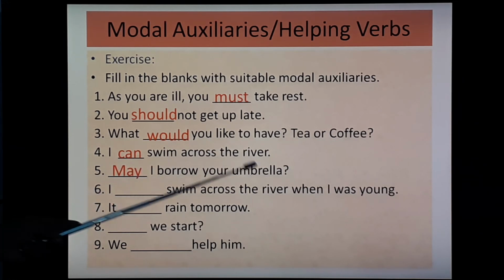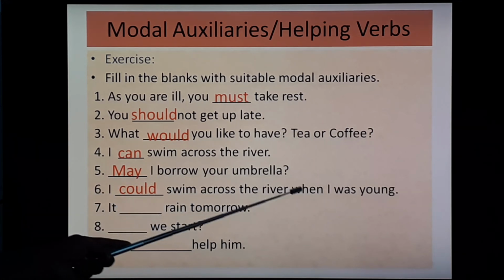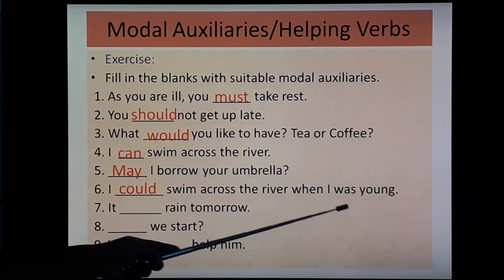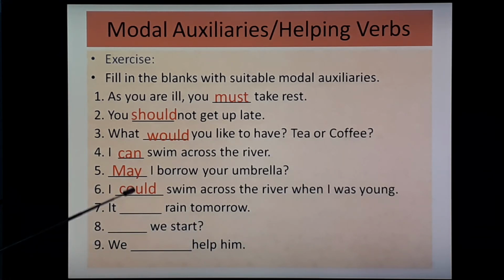May I borrow your umbrella? So, here it is a request form. That is why may. Asking form and request. I could swim across the river when I was young. When I was young, past tense form. That is why not can but could. Ability in past.